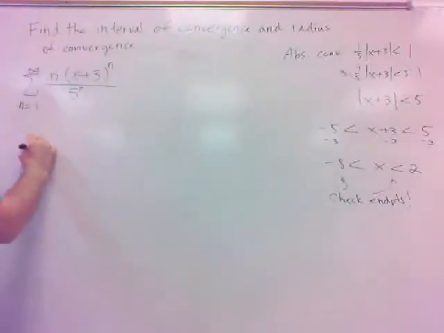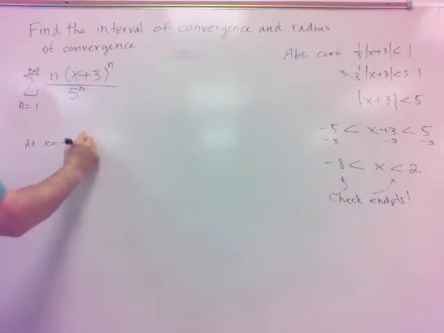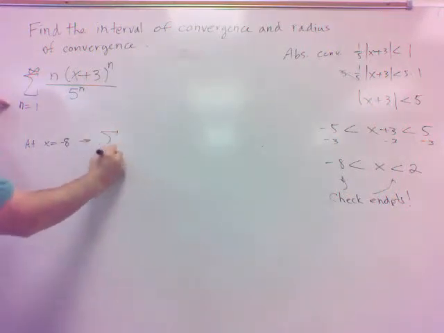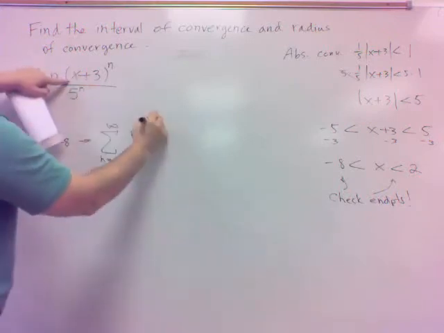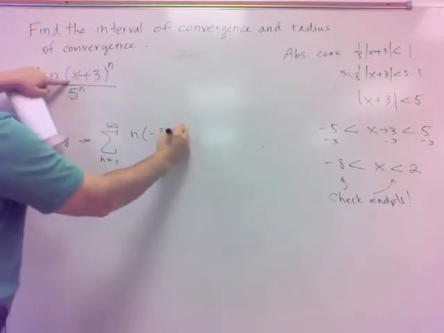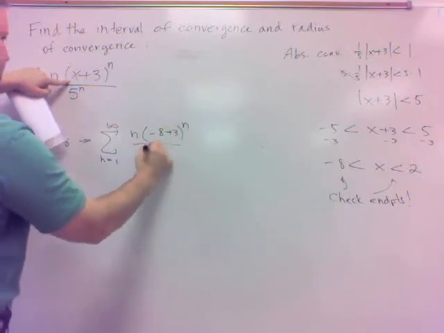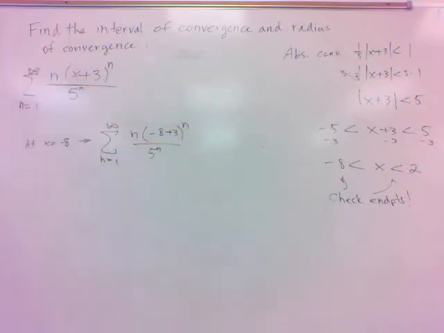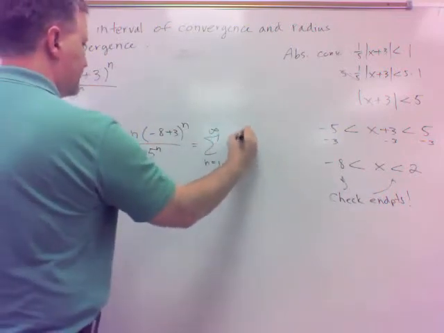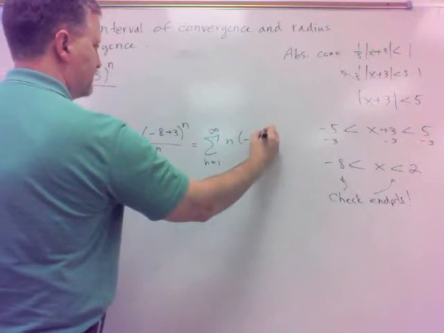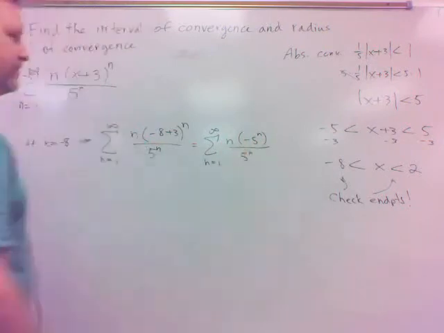So at x equals negative 8, what do we got? Well, let's see what series we got. N equals 1 to infinity of n, and so negative 8 is my x. So I'll wind up with the series n equals 1 to infinity, n times negative 5 to the n divided by 5 to the n.